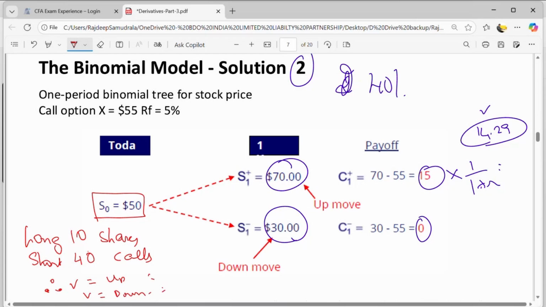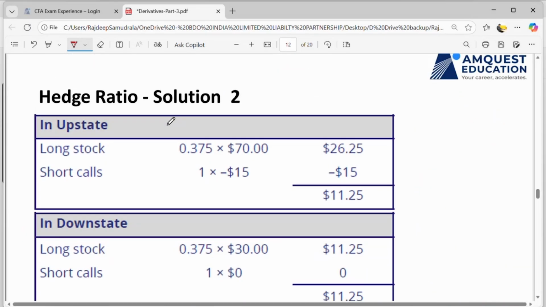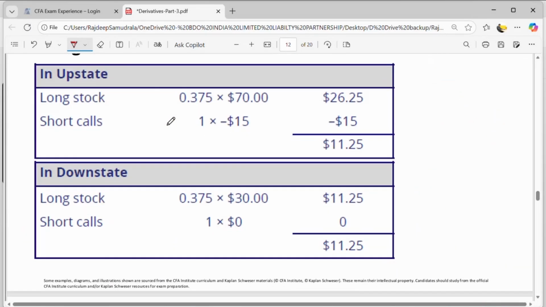The answer should be the same, but let me find out the actual answer. I'm maintaining 0.25:1. If it goes up, what will be the value in your hand on account of the physical stock and the written call? I want the answer for both the up scenario and the down scenario.